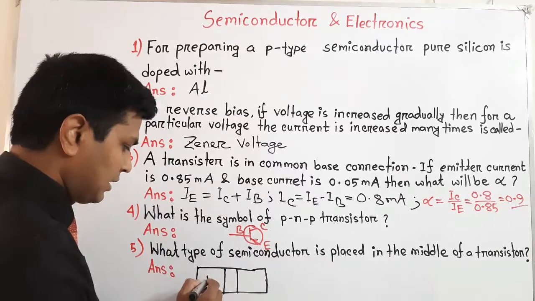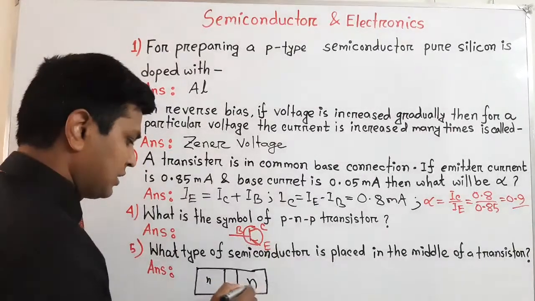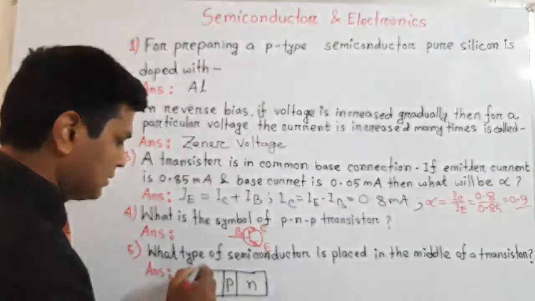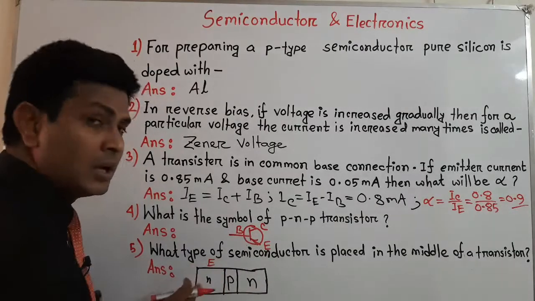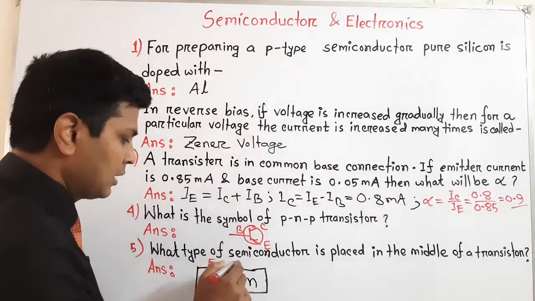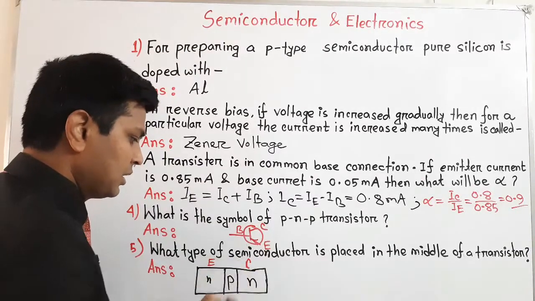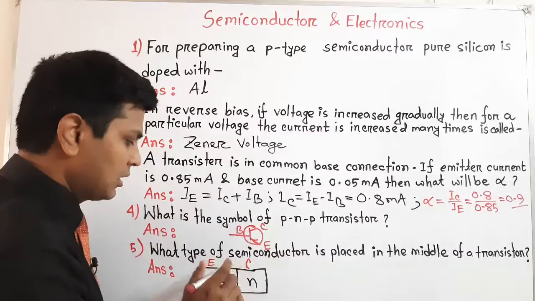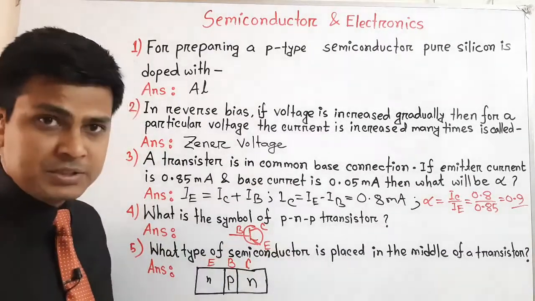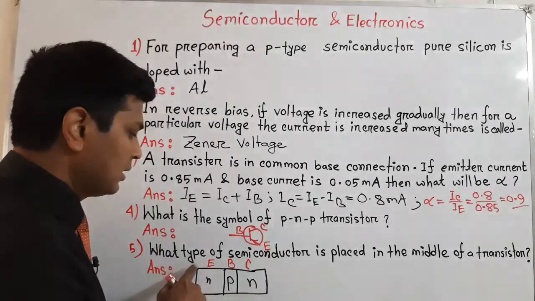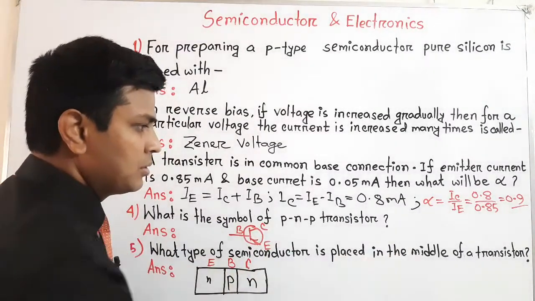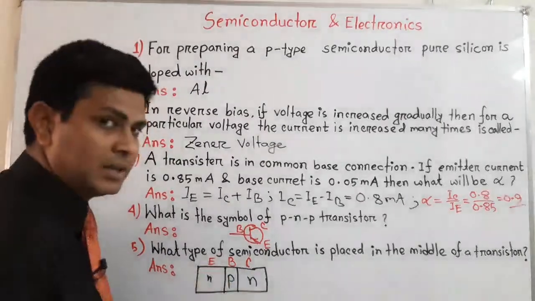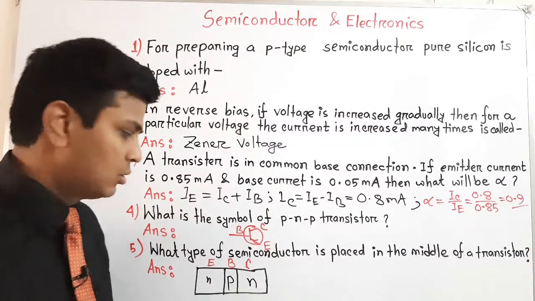Suppose this is N type semiconductor, this is also N type semiconductor, and this is P type semiconductor, and this will be the emitter, that is, the input current will enter through the emitter, and in output we get the collector. So in the middle between two semiconductors, the base is placed. So we can say between two same type semiconductors, a base is placed. I hope you have understood.